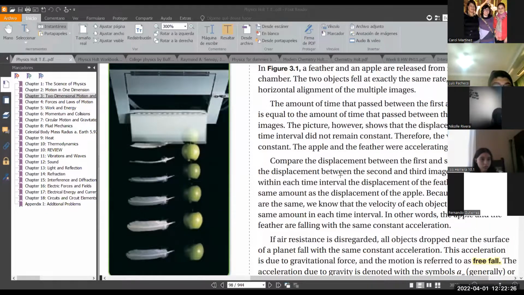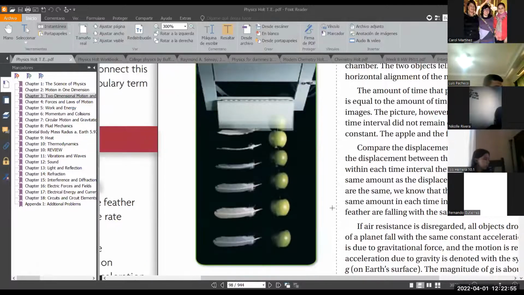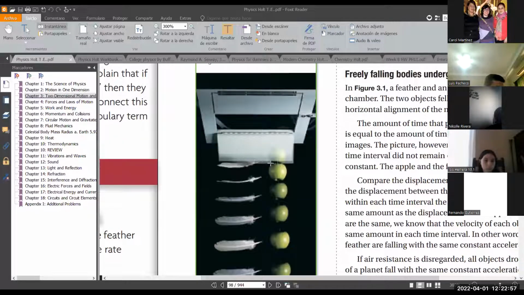So in this picture, free fall in a vacuum, it says that when there is no air resistance, all objects fall with the same acceleration regardless of their masses. Every year, I show this demonstration in class. What happens here in the figure is a leaf against an apple.